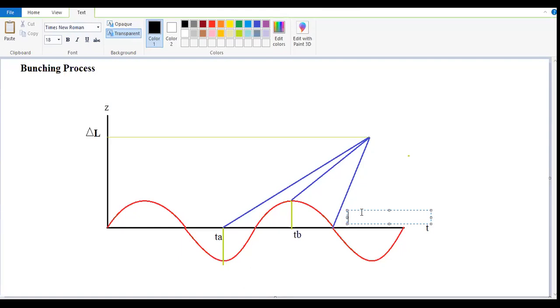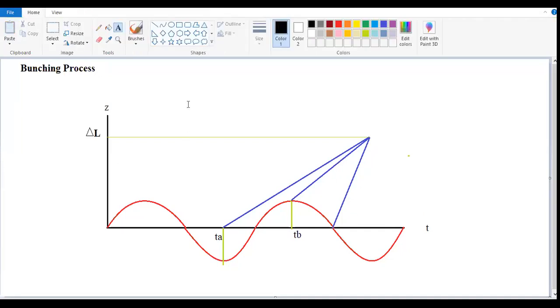Negative half cycle, then one should be from the 0, one should be from the 0, and the other is from, okay. So I'll correct it for better understanding.